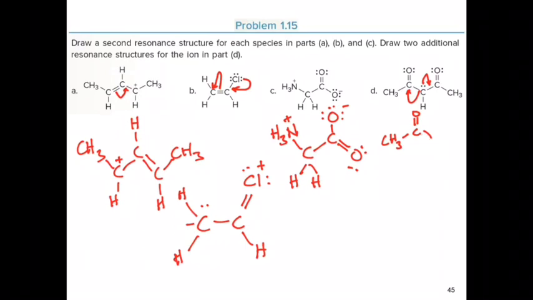Let's try that again. So you have a CH3, carbon, and then if the double bond forms here, then the carbon and oxygen will only have a single bond.